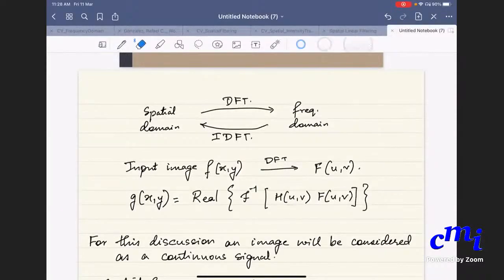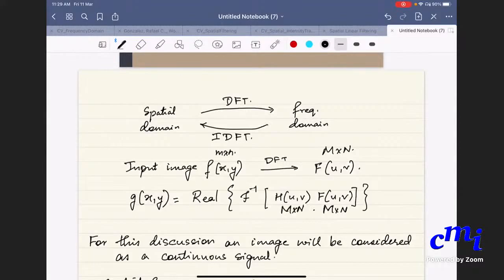Suppose your original image is some m cross n. Then you will apply the Fourier transform and get a capital M cross N array, F(u,v). Applying a filter to it, if you want to do convolution, will correspond to just point-wise multiplication with another M cross N array.